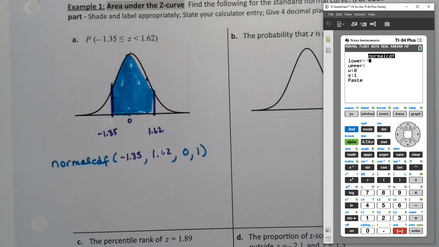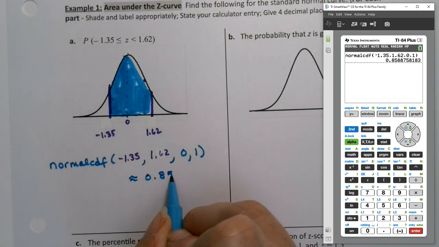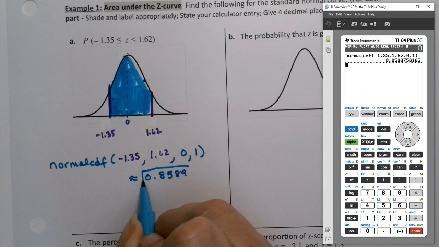Don't use the subtraction sign. Use the negative. So it's negative 1.35. Enter. The upper is the higher one, which is 1.62. And then, convenient for us, the mean is 0, standard deviation is 1, because that's the most common curve. So then we press enter to paste it, and then we press enter again, and ta-da, it tells us that area is 0.8589 if we're rounding to 4 decimal places.